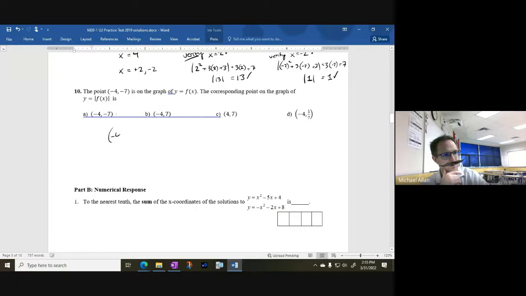So -4, -7 becomes -4, +7, but the -4 stays the same. So it'd be B. You're essentially just taking the absolute values of just the y values. I'm going to write that down here because some people might just be reading the PDF instead.